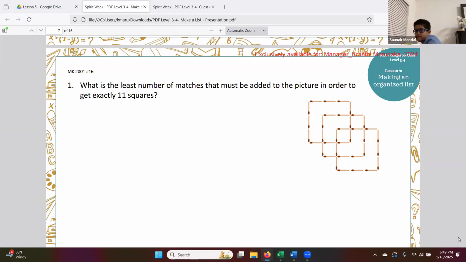So right now it has like 2 squares, 3 squares. So we have to add some matches to the picture to get 11 squares. Why don't you look a little closer at the picture? I think you'll find more than three squares.